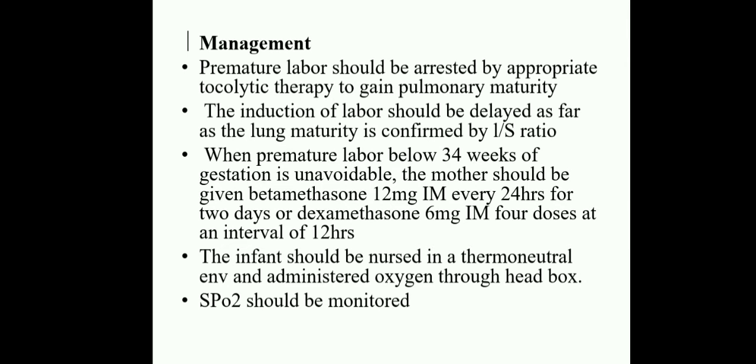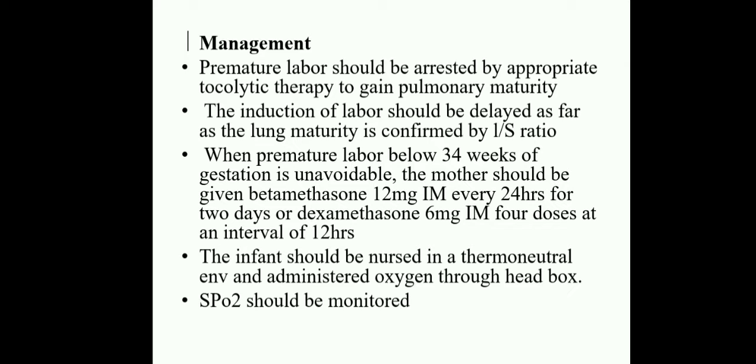Okay, and management of respiratory distress syndrome. The premature labor should be arrested by appropriate tocolytic therapy to gain pulmonary maturity. The induction of labor should be delayed as far as the lung maturity is confirmed by the ratio.